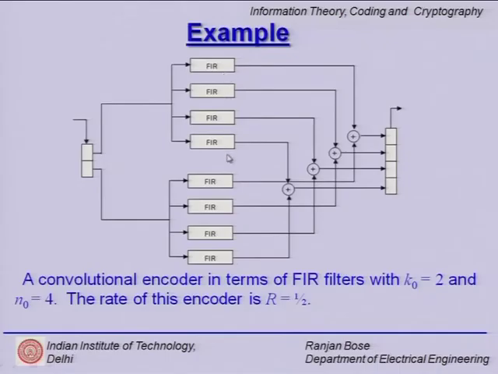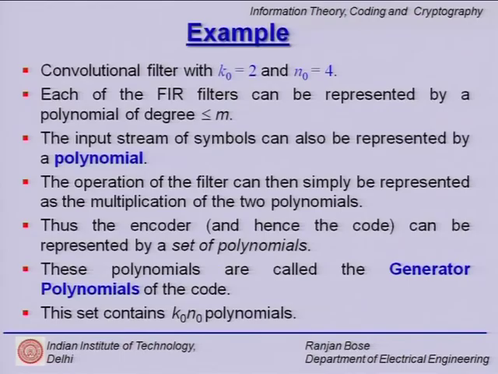Similarly, I can have a more complex setup. Here in this example k naught is 2, as you can see, n naught is 4. So, the rate is 1 by 2 and you can have additional FIR filters. This is to illustrate that it is extremely hardware friendly. This is a solved problem. We can build very efficient encoders for convolutional codes.